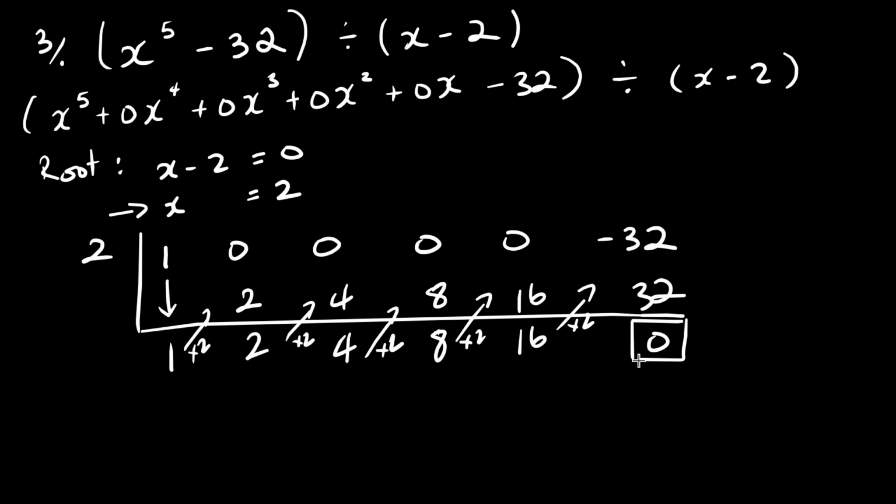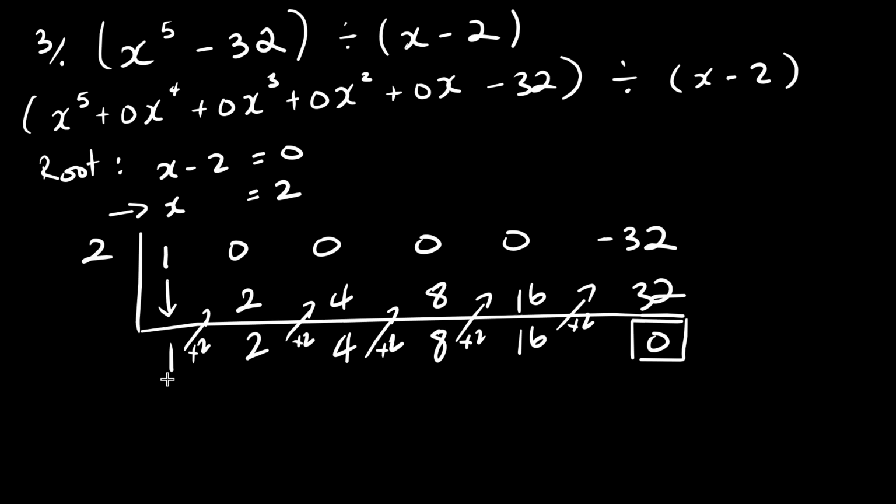So for this very last one, we happen to have 0 as our remainder, which suggests explicitly that x minus 2 was actually a factor of the initial polynomial x to the 5th minus 32. And that's fine, right? So what we're going to do here, we're going to remember and acknowledge that we divided a term in x to the 5th by a term in x.